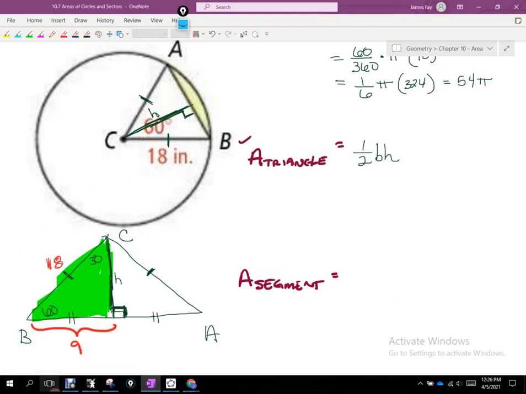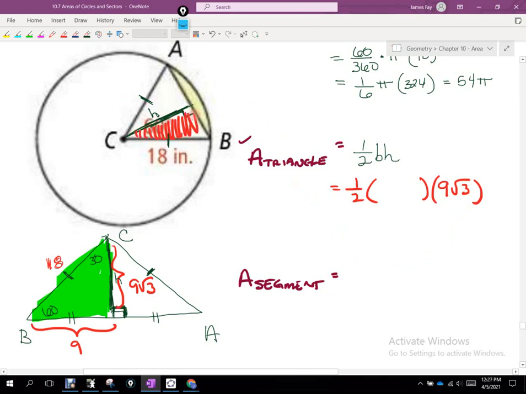So you see if that's 9, what would h be? 9 radical 3. So when I fill in the area formula for my triangle, it's 1/2 b. We'll talk about b here in a moment. We know h is going to be 9 radical 3. What do you want b to end up being here? If we're to find the area of that triangle, b would be what number? That red triangle is that one right there.